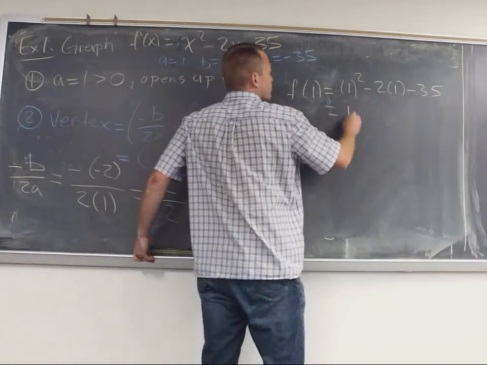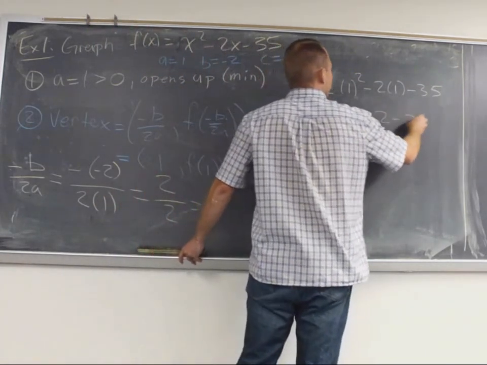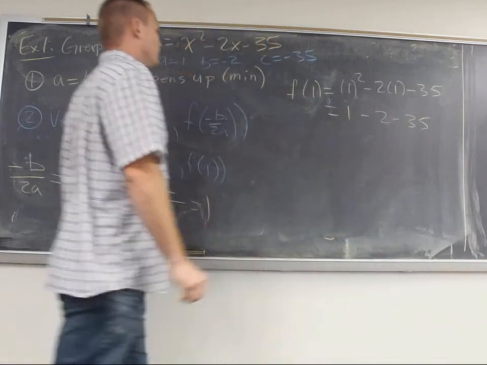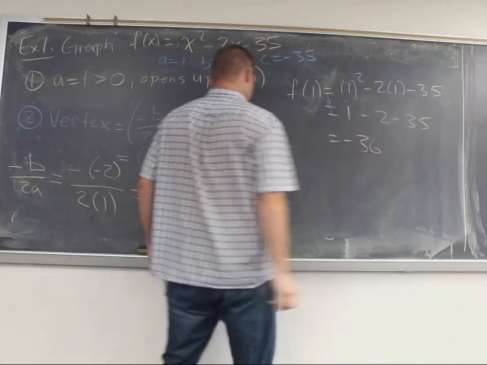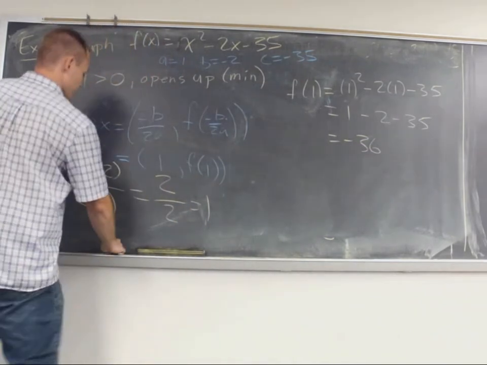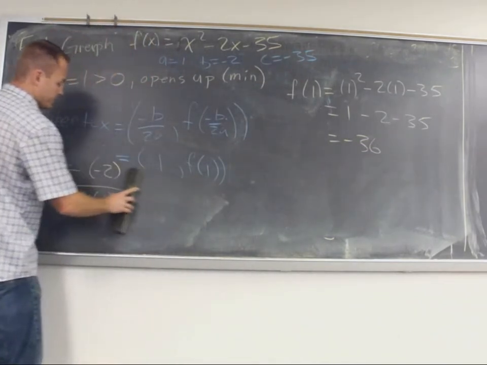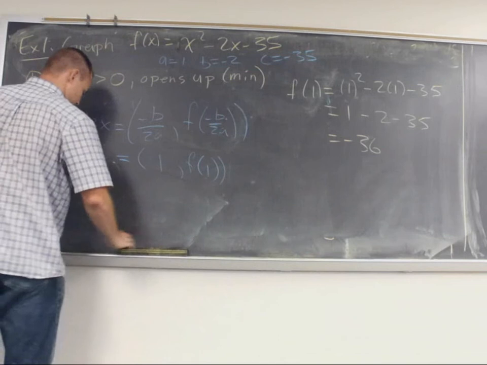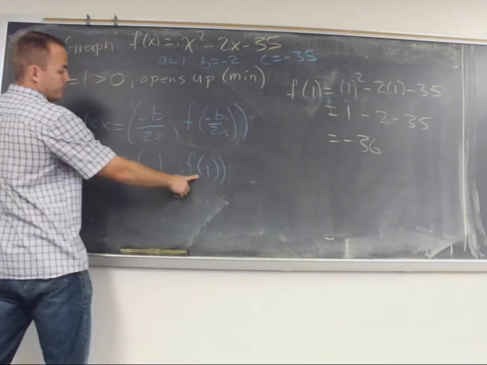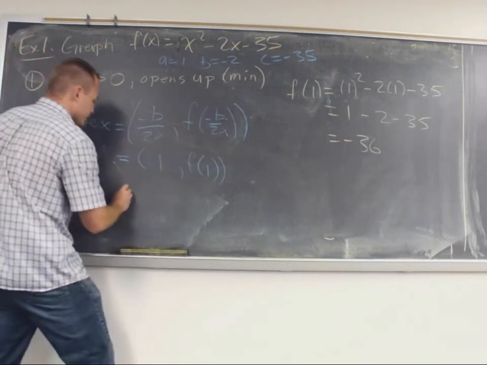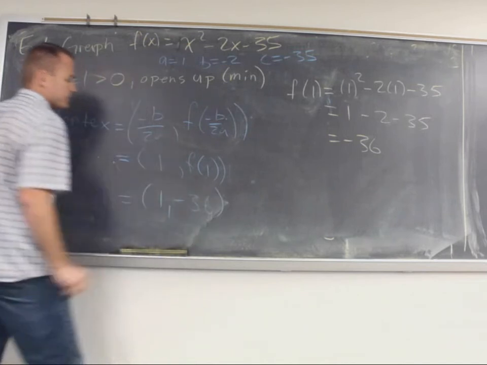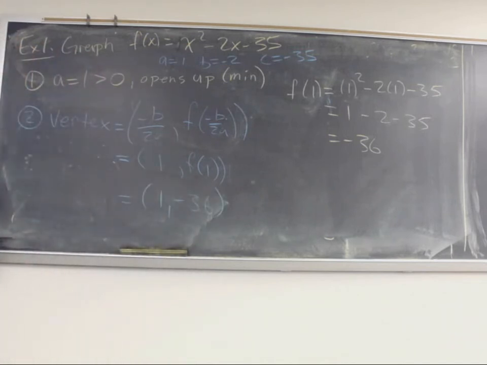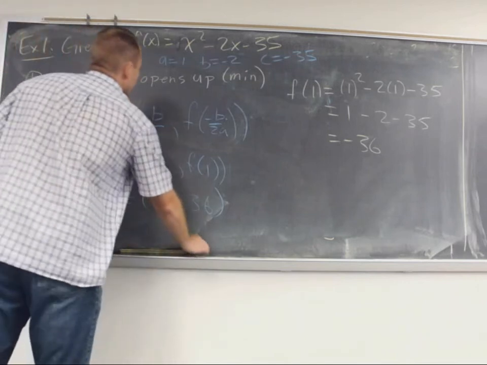Simplifying this gives you 1 minus 2 minus 35, which is equal to negative 36. So I'm going to come back, let me erase this portion here. I'm going to come back over here, and now I know what f of 1 is. It's negative 36. So this is equal to 1 comma negative 36. And that is my vertex. That would give me my minimum value in this case.